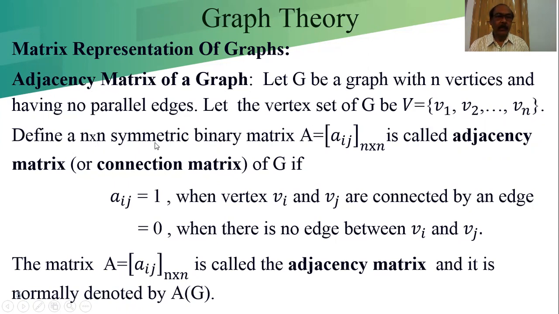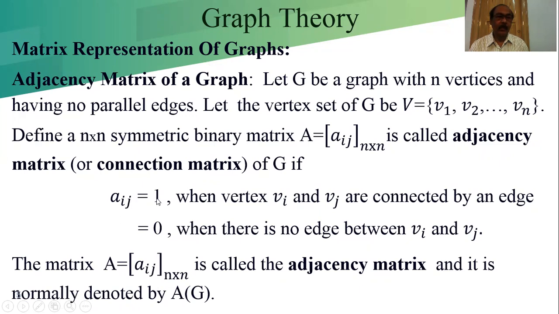Define an n cross n symmetric binary matrix Aij, called an adjacency matrix or the connection matrix of G. For the adjacency matrix of a graph with n vertices, we get a square matrix Aij, which is a binary matrix of 0s and 1s, and it is a symmetric matrix.